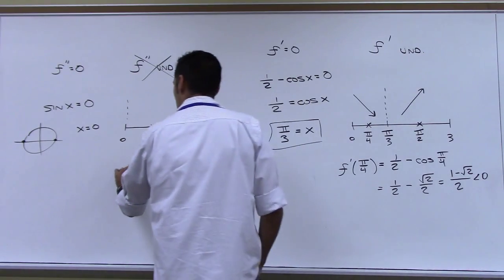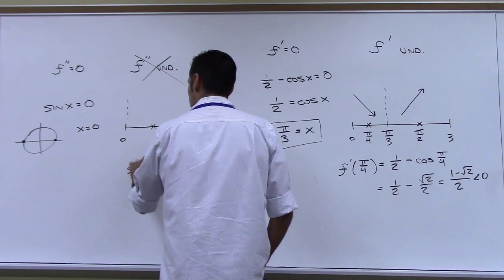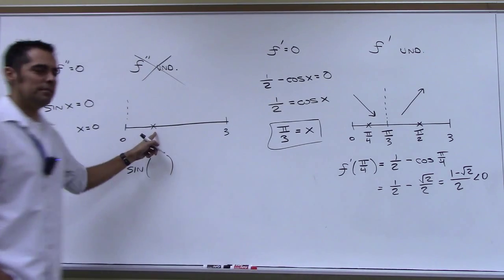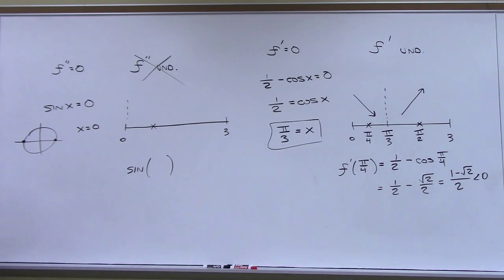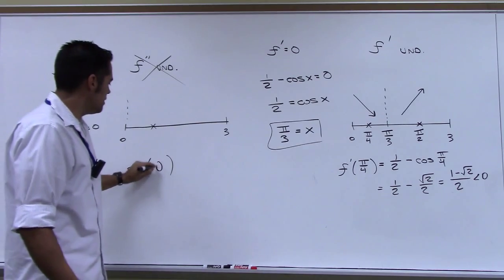So what is sine of any number that I plug in that's over here? So it's positive, right? Think about it. You're between 0 and pi. Whatever that angle is, you're in the first or second quadrant. Sine is the y-coordinate, so you're always positive. So sine of whatever angle it is, I'm going to call it theta.